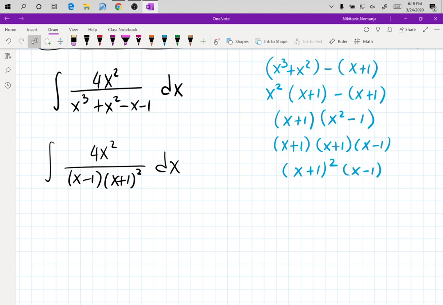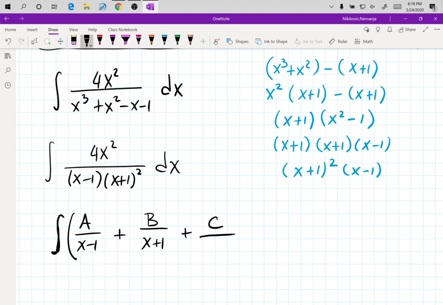And now we are going to do the setup, right? So the setup is going to be A over x minus 1. Don't forget the parentheses. So A over x minus 1 plus B over x plus 1 plus C over x plus 1 in parentheses squared, because it's a repeated linear.